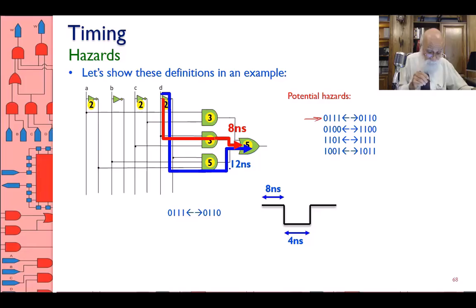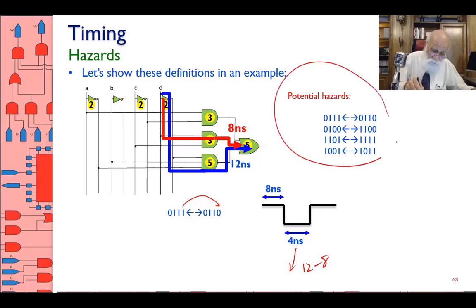If D changes from the upper path, which is D1, to D0, which is the blue path, you get a glitch. When does that happen? It happens when D changes from 1 to 0, 8 nanoseconds after that, and 12 minus 8, 4 nanoseconds will be the duration of the glitch.